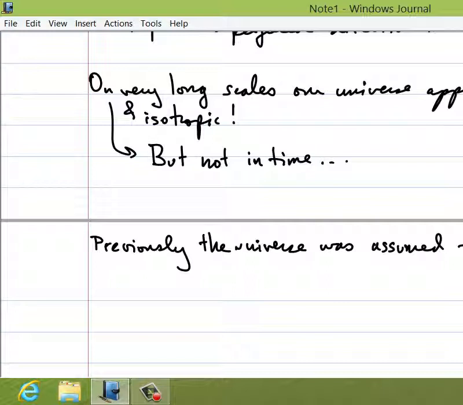However, and I think it was assumed to be static simply for aesthetic or philosophical reasons, the people who started thinking very carefully about the dynamics of the universe discovered that the theory of a static universe actually has two problems.